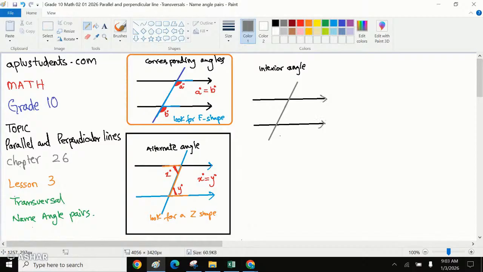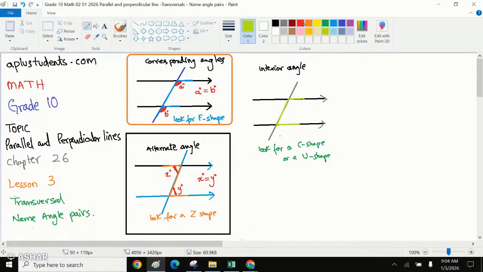Okay, so let's see what happens over here. When we are looking for a C shape or a U shape, can we say this is a C shape being formed over here?